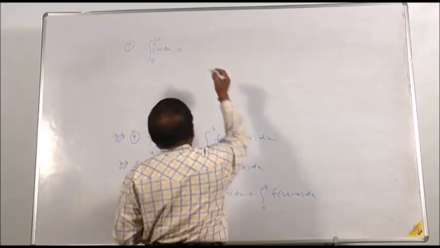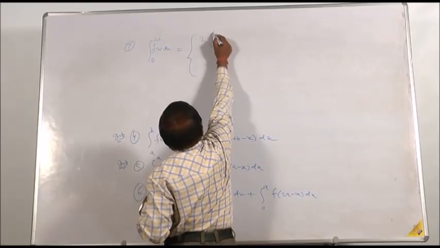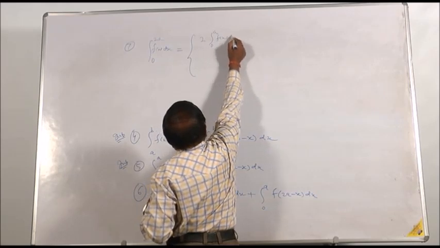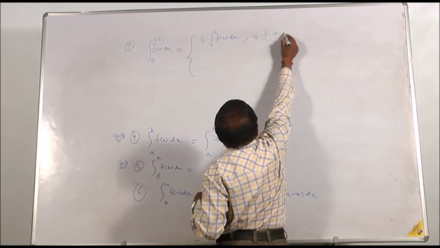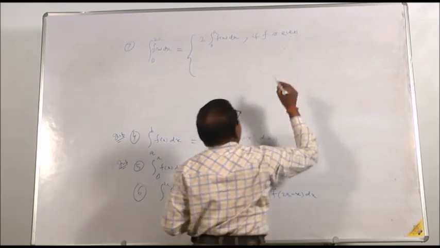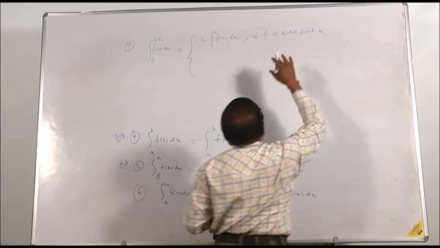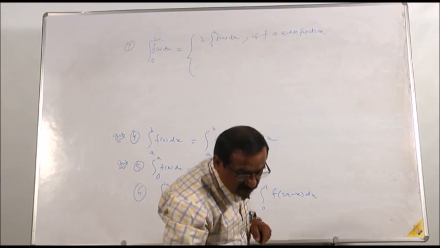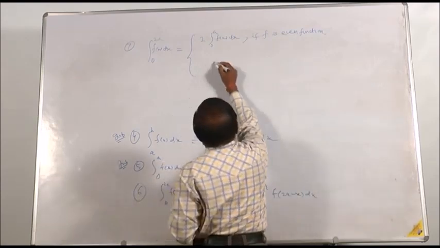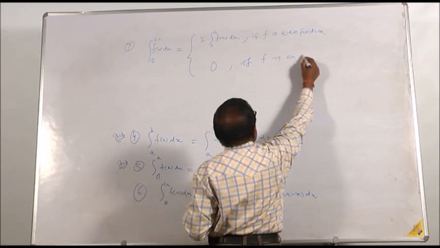2 times the integral from 0 to a of f(x) dx if f is an even function, right? If f is an even function, then you can split this formula to this, and it is equal to 0 if f is an odd function.